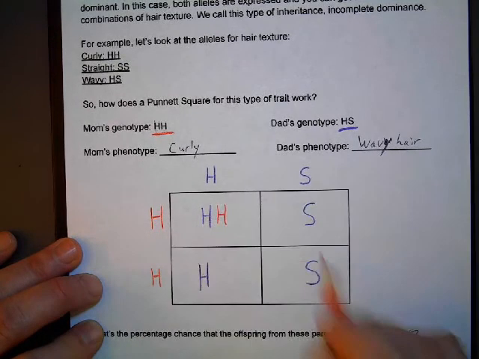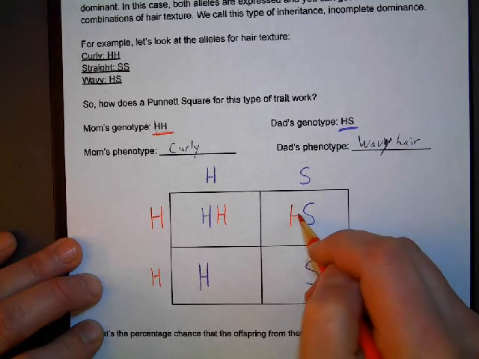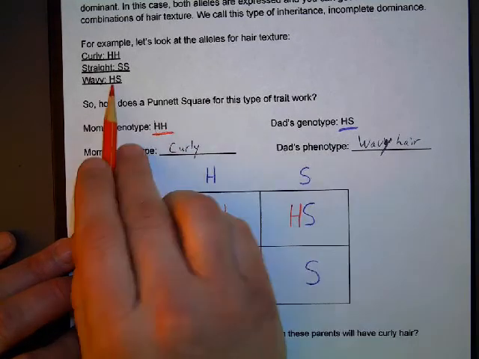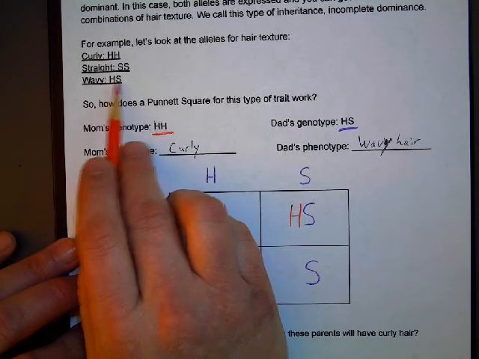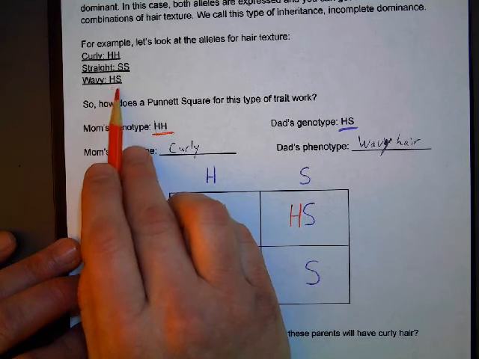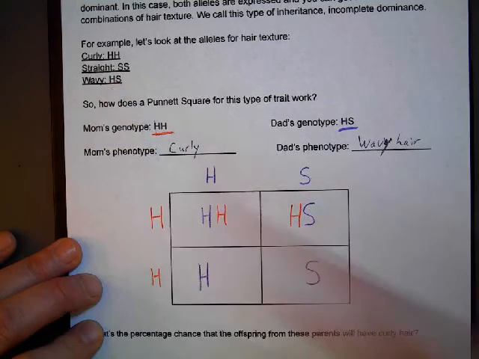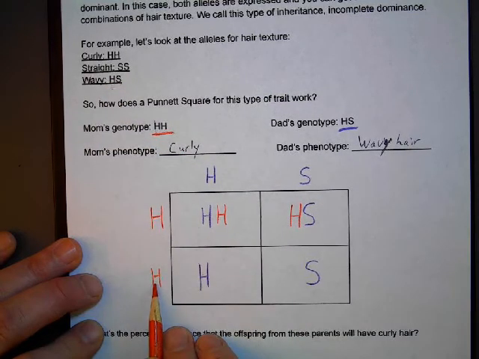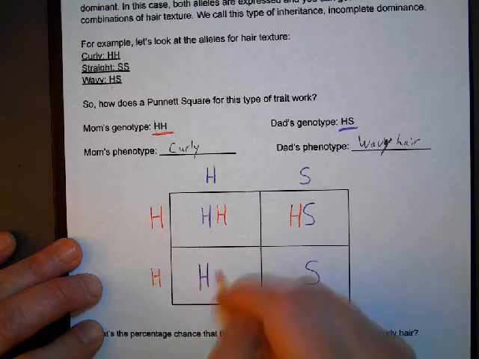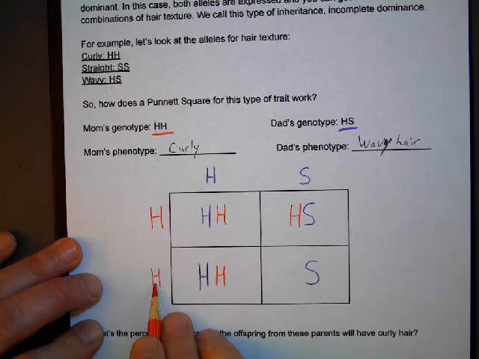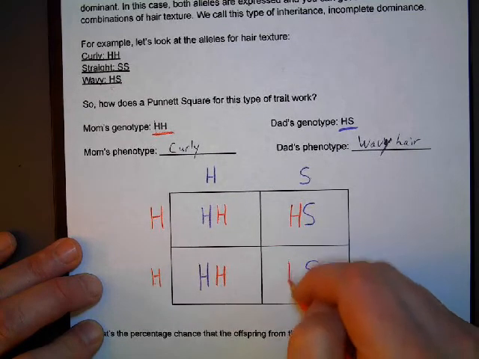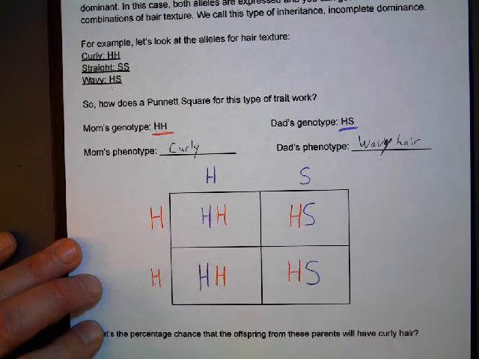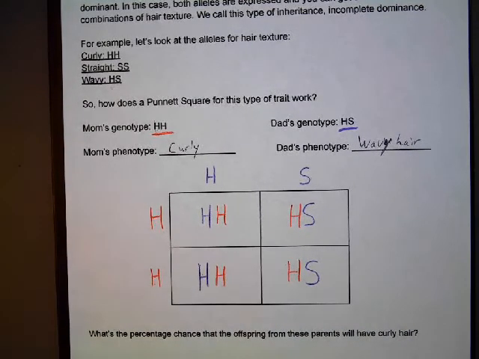I'm going to put the capital H in front of the S simply because up here I wrote this as HS. You could write this as SH as well, but I'm just going to leave it as HS. I take this H down here, move it into the Punnett square, and take this H and move it into this square, and now I can see the possible genotypes of the offspring.